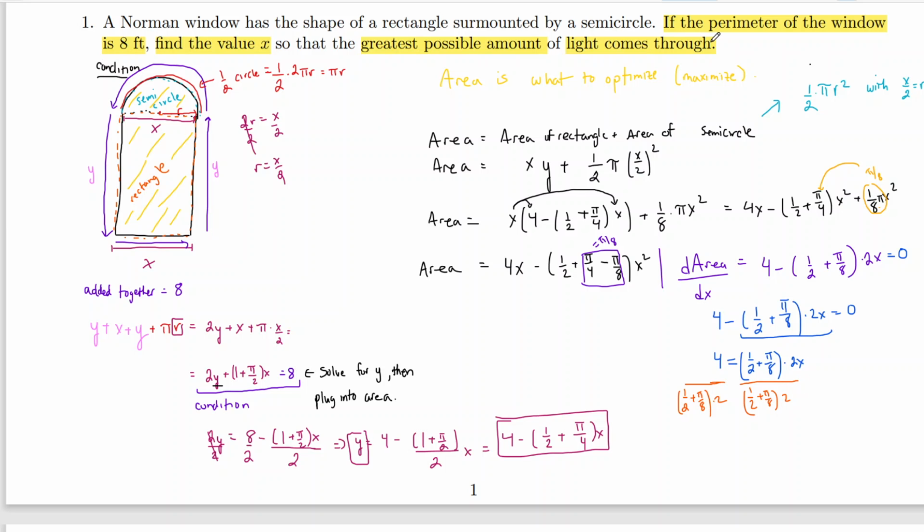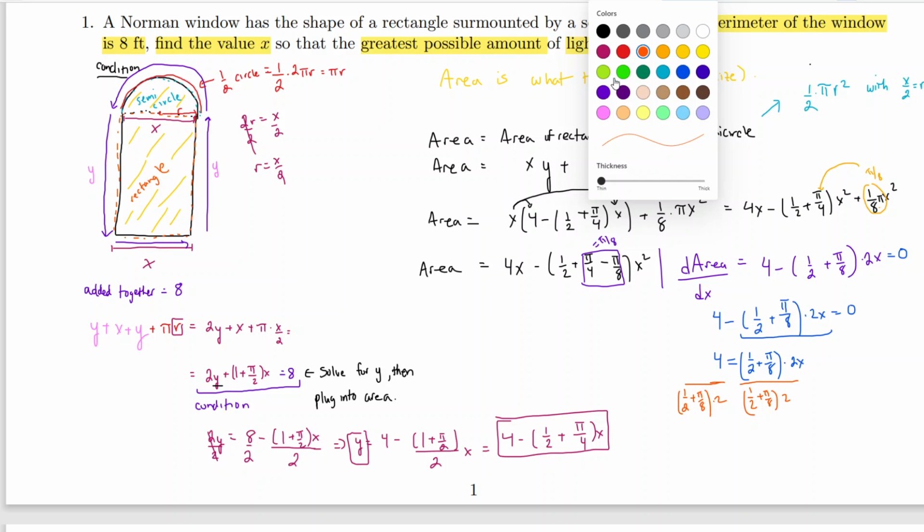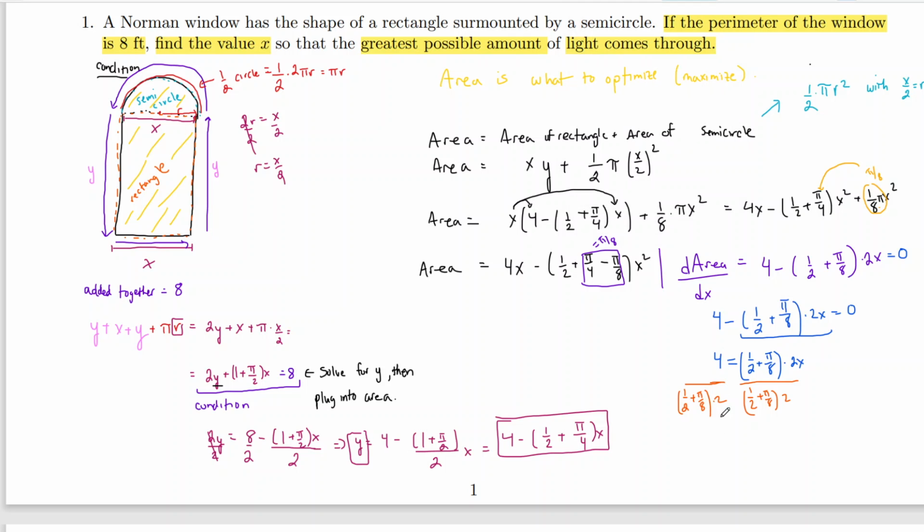The reason I have not distributed that 2 through is I knew that the 2 would cancel out with the 4 over here to make it a little bit simpler. So x equals 4 over 2, which is 2. The 4 cancels out with the 2 here. So we have just the 2 on the top, and we have 1/2 plus pi over 8 on the bottom.